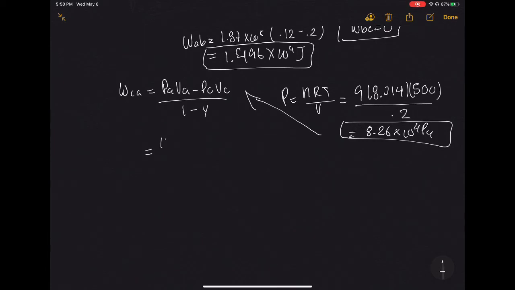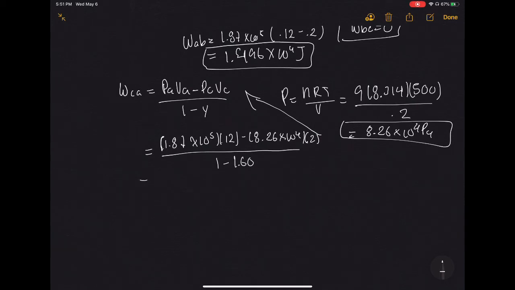PA is 1.87 times 10 to the 5 times 0.12, minus 8.26 times 10 to the 4 times 0.2, and then over 1 minus 1.60, which was given as well.